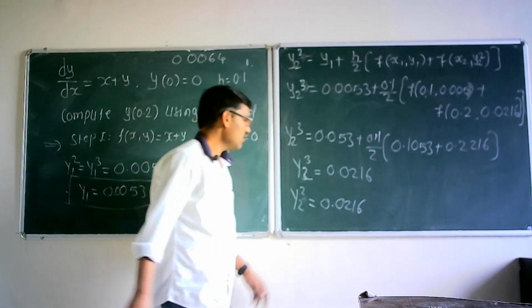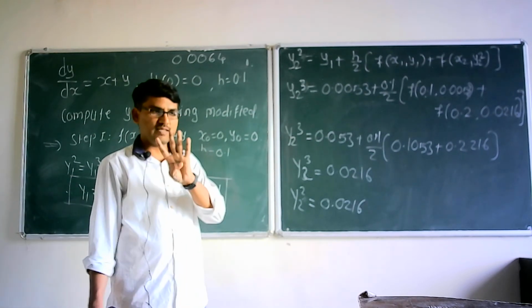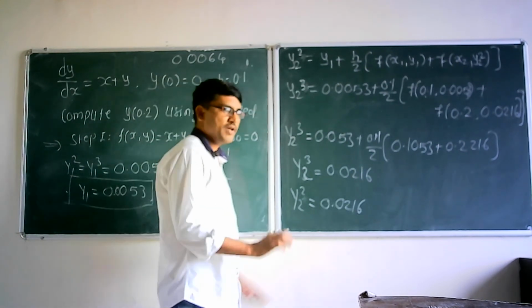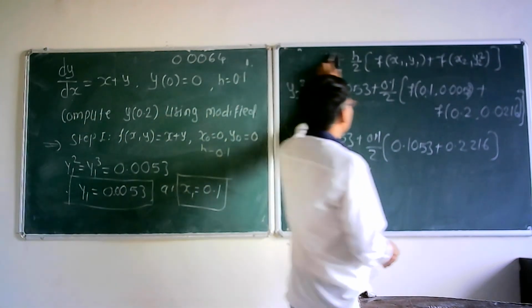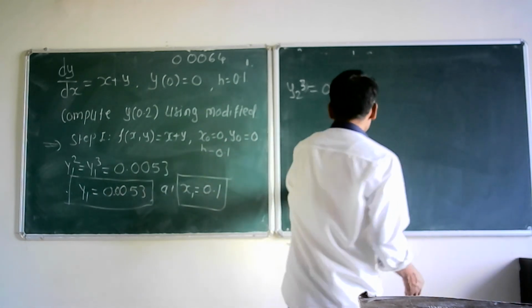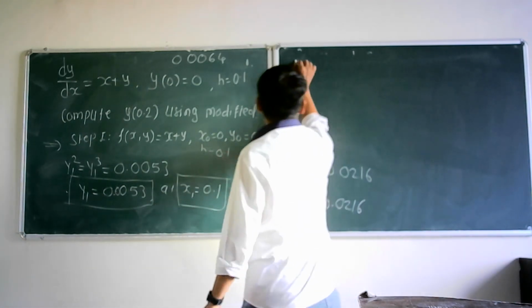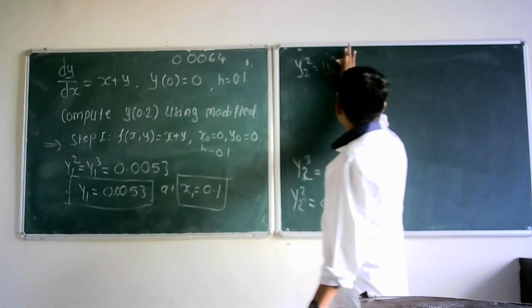Now if you observe, y22 and y23 are correct up to 4 decimal places. So we stop our process here. We are writing that y22 and y23 are correct up to 4 decimal places.